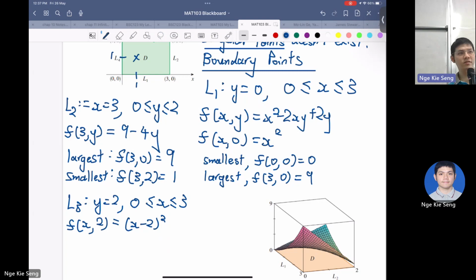This is a shifted quadratic graph, but the range we are looking at is 0 to 3. The graph is shifted to 2. So where's the largest and smallest?